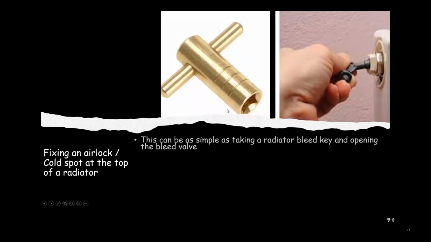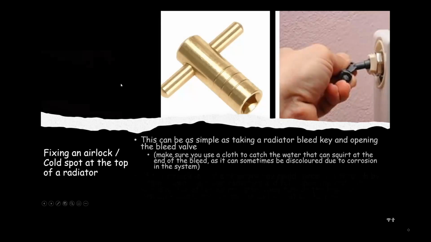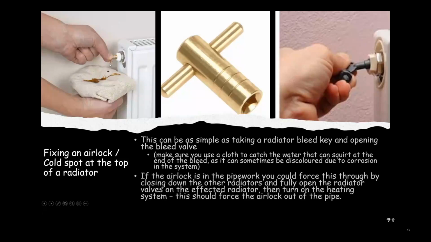So in regards to fixing an airlock, sometimes that could be literally as easy as just getting your radiator bleed key, opening the bleed valve on the radiator and letting the air out until water comes through. You would want to make sure that you keep a cloth to hand to catch some of that water when it does start to squirt out, because it can be discoloured due to the presence of corrosion in the system.